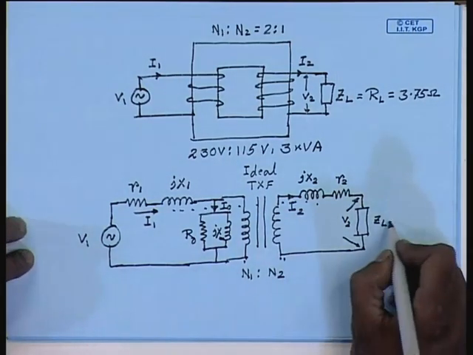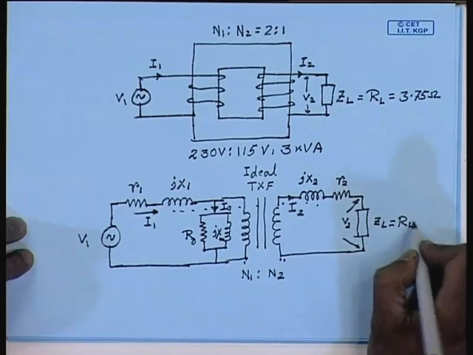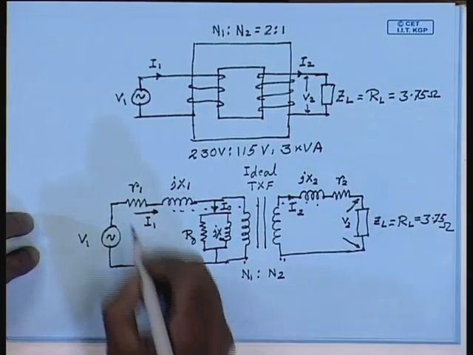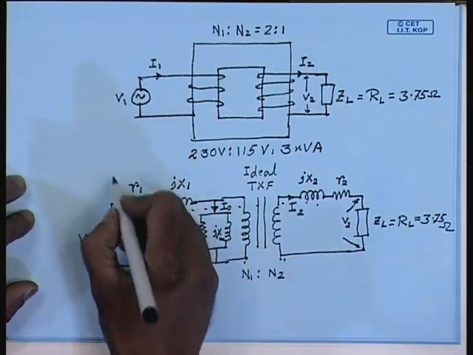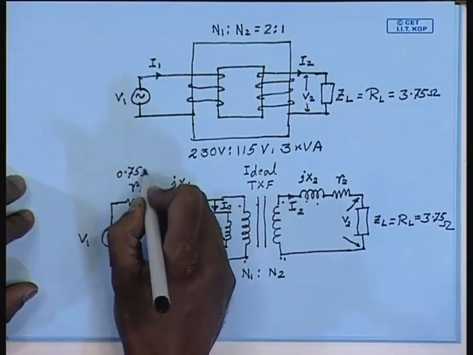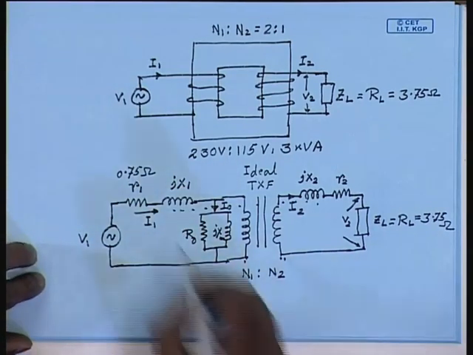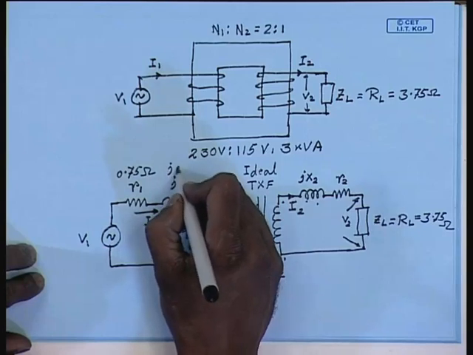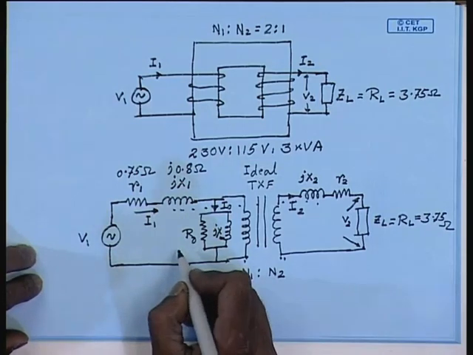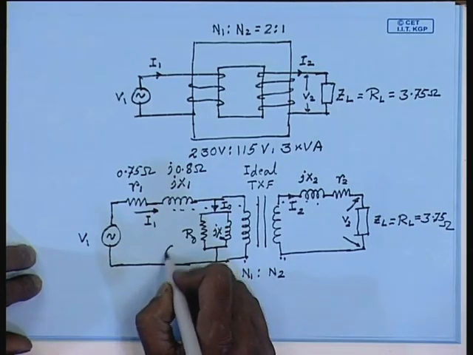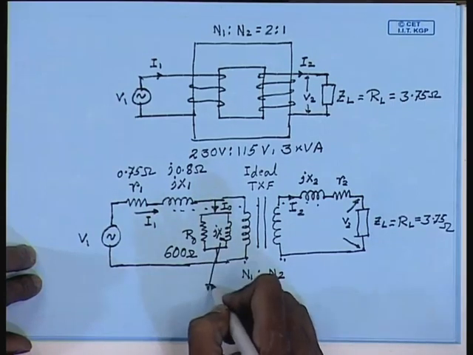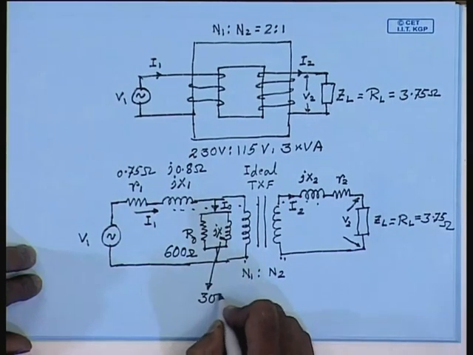The other parameters: R1, say it is given as 0.75 ohm, X1 let us say it is j 0.8 ohm, R0 given to be 600 ohm, jXm is given to be 300 ohm.